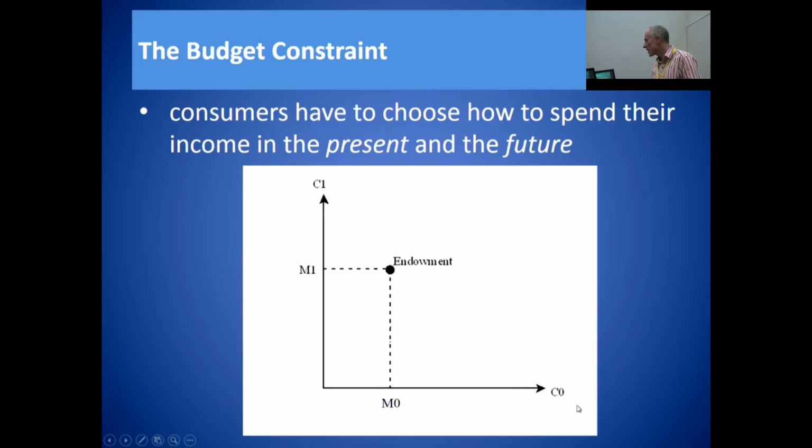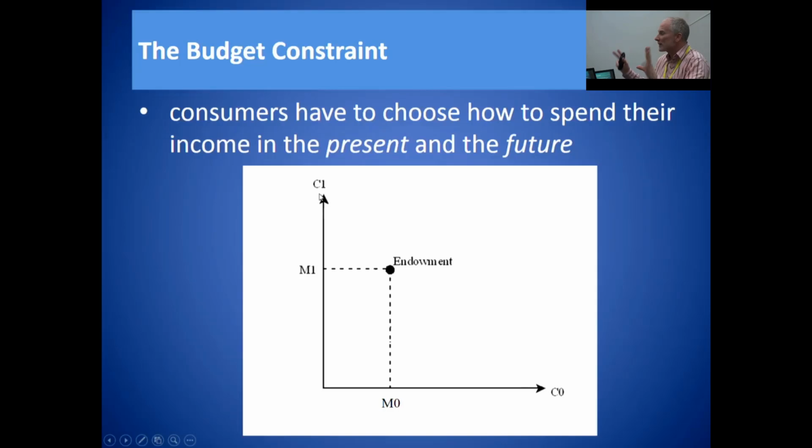So we will say consumption in the present, we'll denote that by C0. And on the vertical axis, we will denote consumption in the future. Now, whatever the future means, it's not the present. So consumption in the future, and that will be C1.